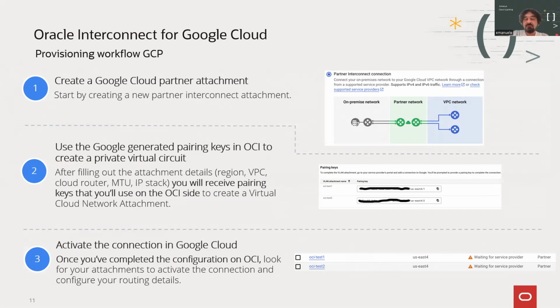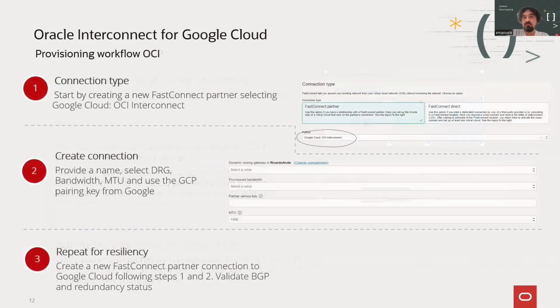If you have not specified automatic activation, then when the Oracle side provisioning has been completed, you need to manually come back here and activate the attachment. If you specify auto activation, then as soon as the Oracle side is completed, the BGP sessions will be automatically deployed, and you will start to see the routes. And that's what we'll see in the demo.